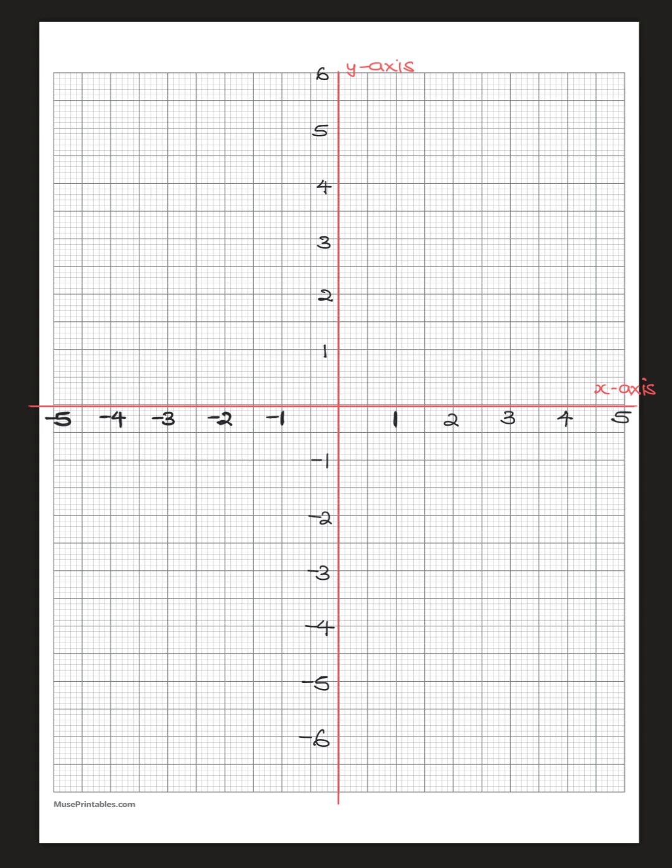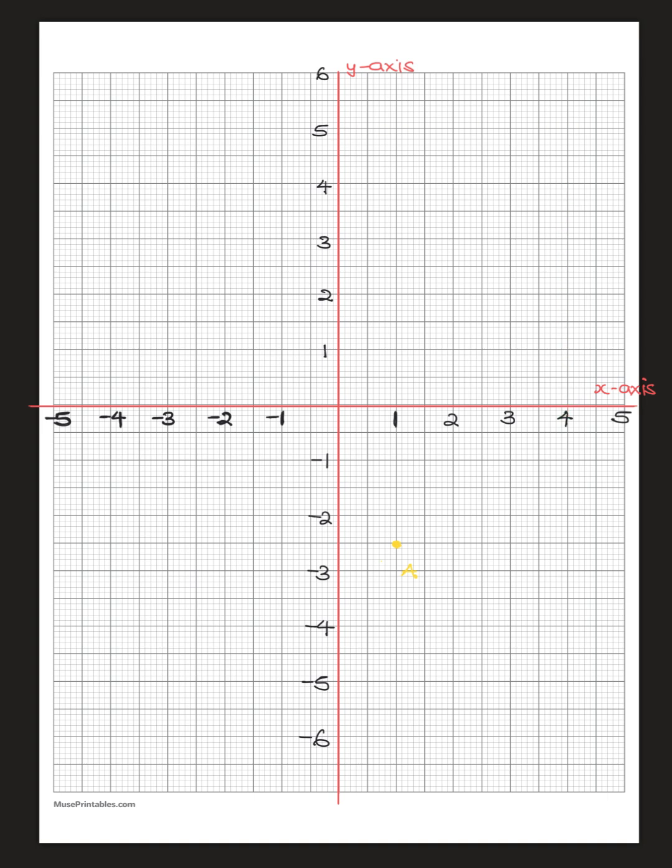This is the graph again. For point A, when x is 1, y is minus 2.5. So the point where these two meet is here. That is when x is 1, y is minus 2.5. That is point A. And for point B, when x is 4, y is 5.